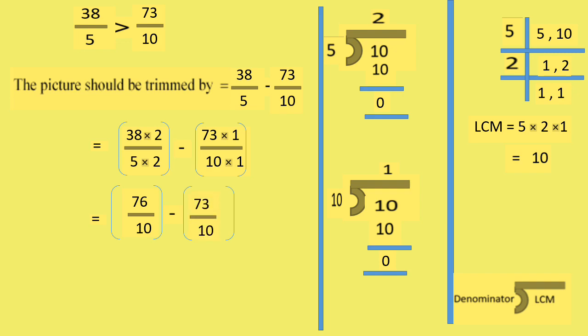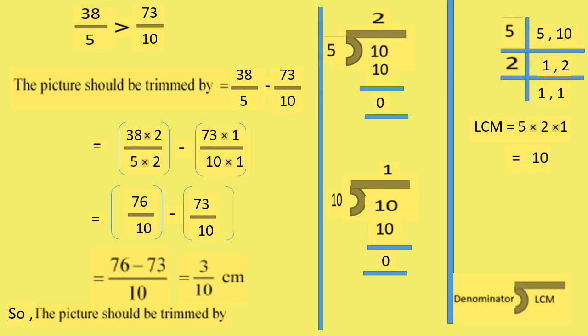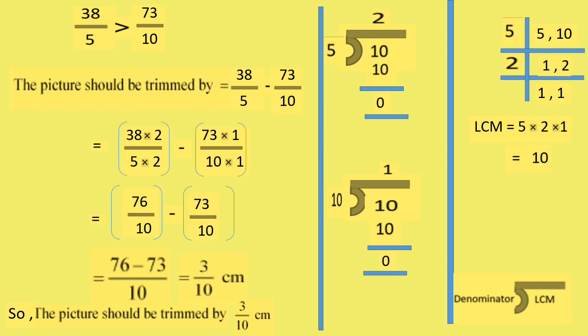Here we got the same denominator. So I am going to write it one time and the numerators I have to subtract. 76 minus 73 like this. So 76 minus 73 is 3. 3 by 10 is the answer. So finally you have to write, the picture should be trimmed by 3 by 10 centimeter. Like this you have to write the answer.